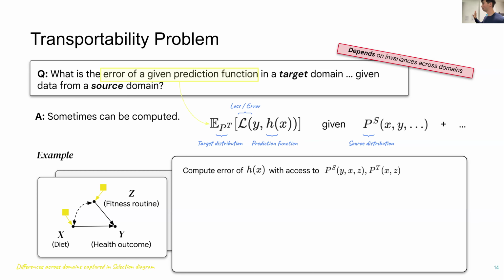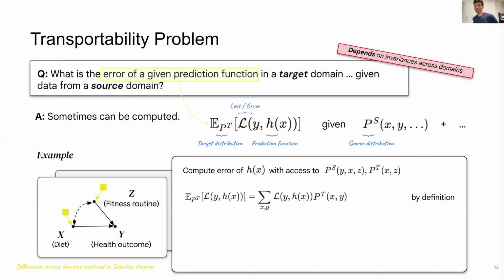And you have access to source data from some source domain, right, on diet, health, and fitness of your source individuals. And you also have access to data from the target domain you're interested in performing well in. But in this case, you don't have any information on an individual's health outcome. You only have diet and fitness information.